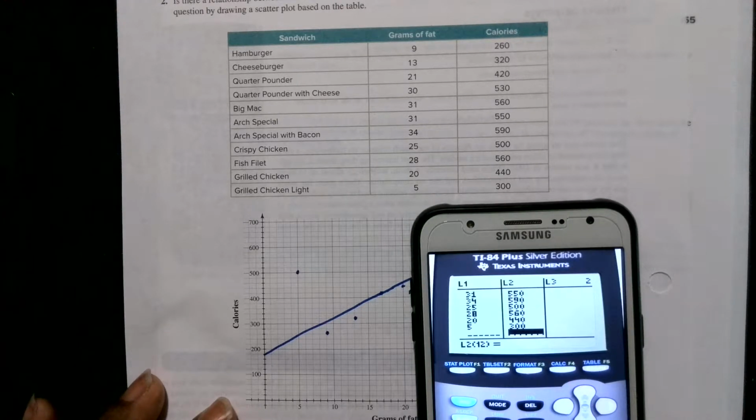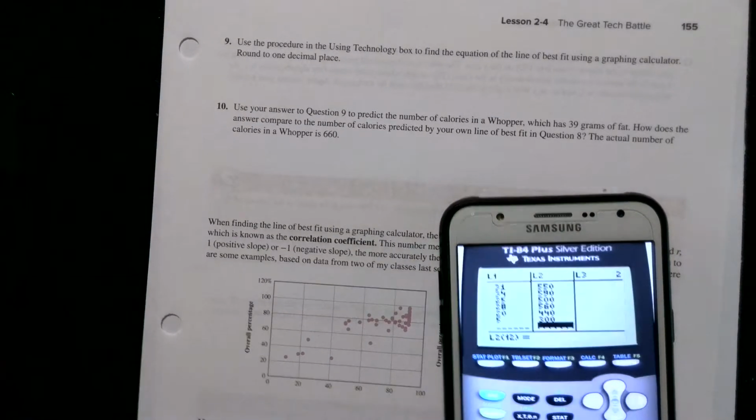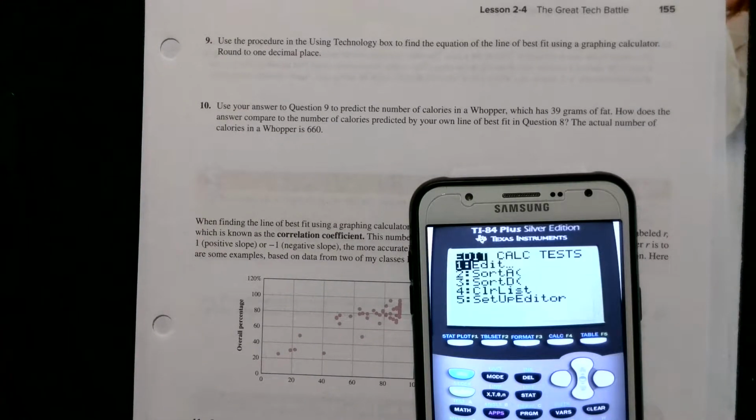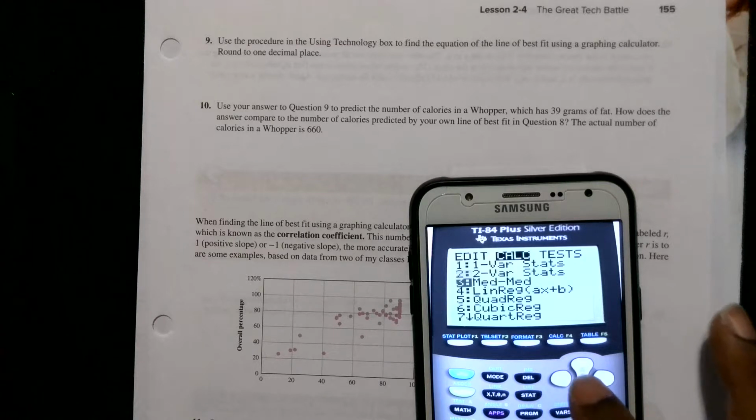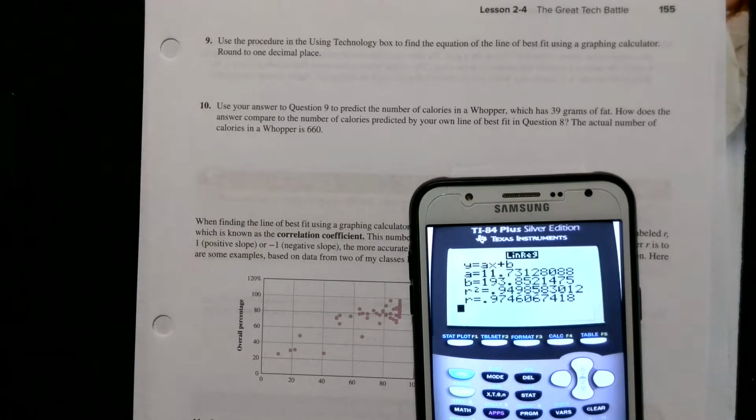Okay, now, after we've entered in all of these values and made sure that they were all correct, our next step would be to press Stat again, go over to Calculate, and go down to Linear Regression, which is number 4, and we will press Enter until it calculates. Now this is our equation.